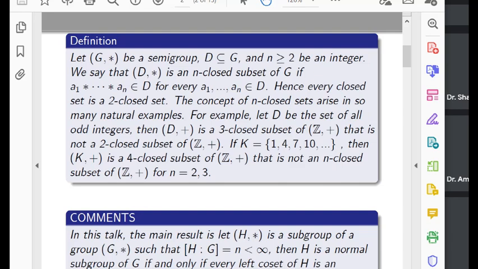What about if you take this set, 1, 4, 7, 10, and keep going? Then definitely this set K under normal addition is 4 closed, but it is not 2 closed and not 3 closed.